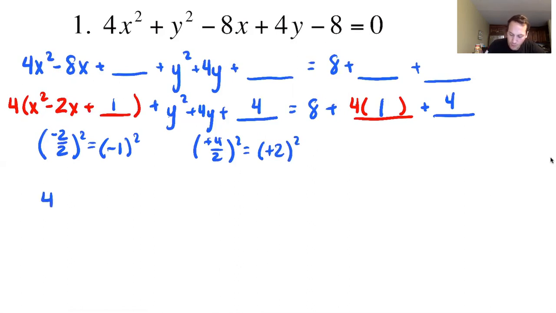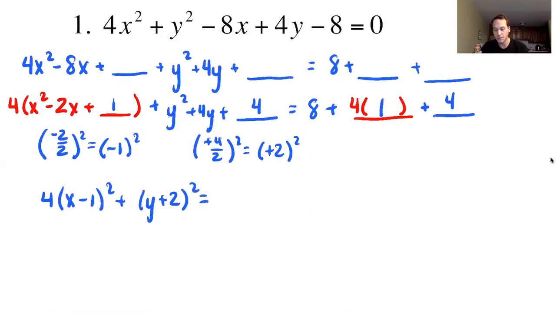So now I have 4 parentheses, x minus 1 squared plus y plus 2 squared is equal to 8 plus 4 is 12 plus 4 is 16. But now this is what it would look like if it was a circle. We're not a circle though.